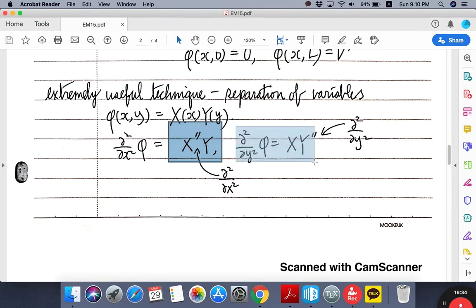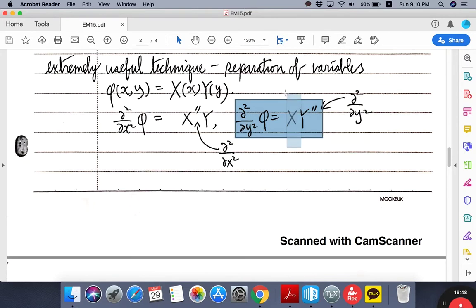And likewise, this second partial derivative in terms of y translates into x function multiplied by the second derivative of the y function. Again, because x function does not have any dependence on the y coordinate.